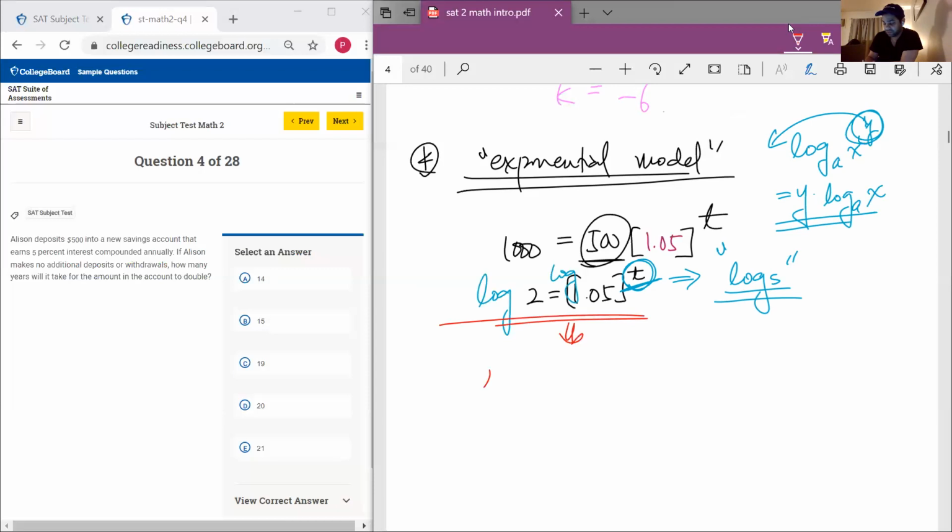So it's going to become log of 2 is equal to t times log of 1.05. And t is going to be log of 2 over log of 1.05.